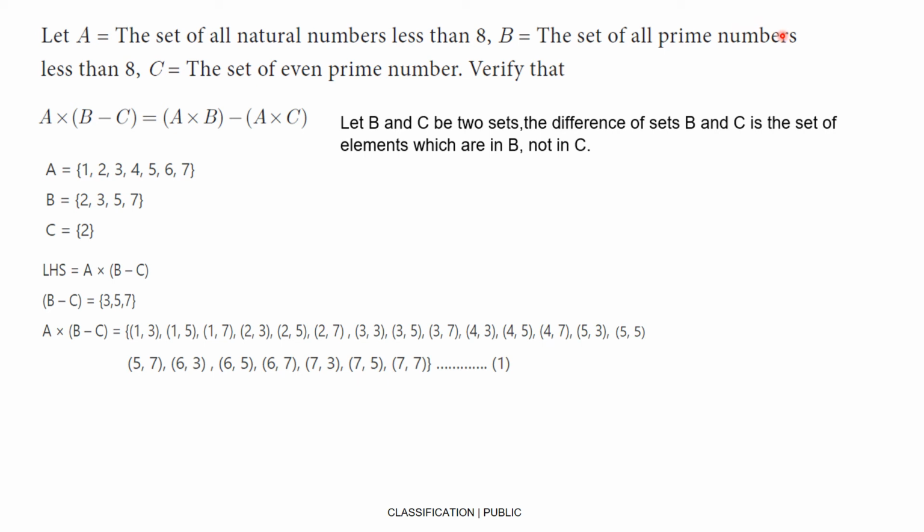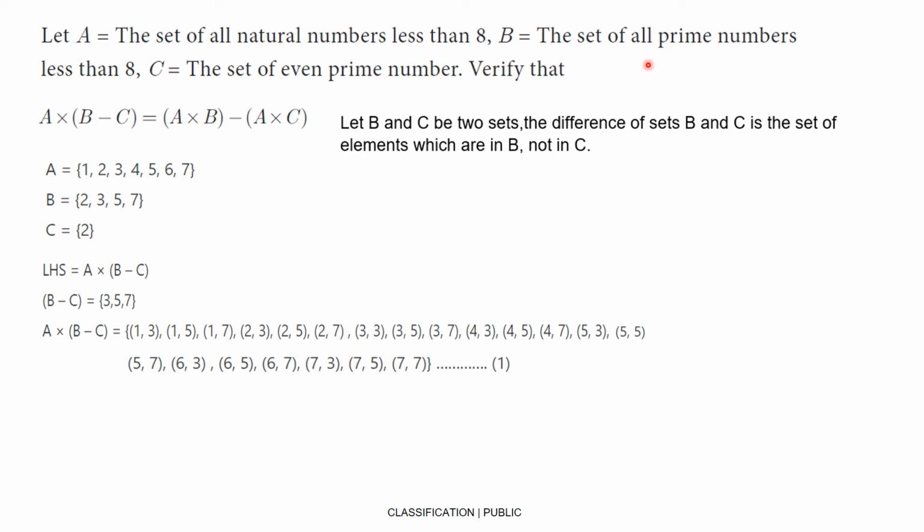less than 8. First recall it, what is a prime number? 1 is not a prime or composite number. So a natural number greater than 1 having only 2 factors, namely 1 and the number itself.